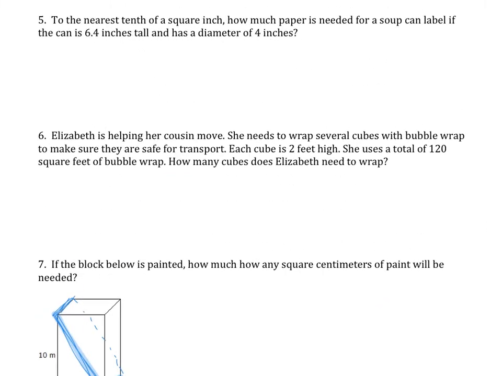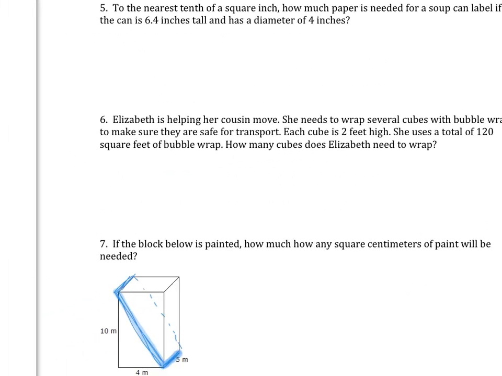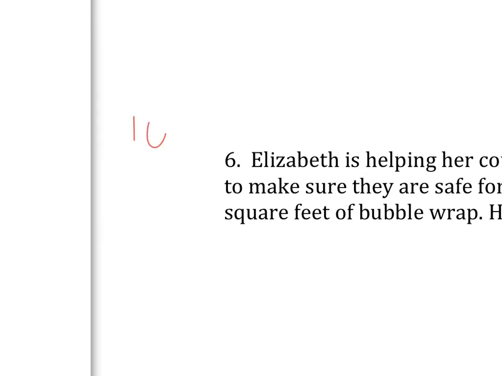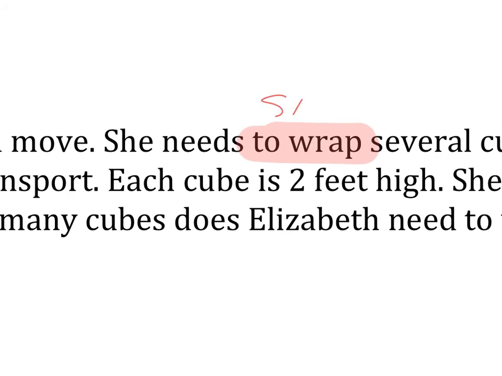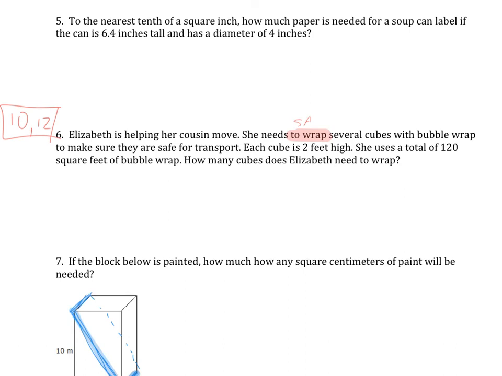I wanted to talk also about number 6, because some of you are missing 10 and 12. Remember, we did number 6 in class. So again, for those of you not paying attention, or those of you who were absent, you'll remember here we are wrapping several cubes. Wrapping means surface area, okay? And the fact that it's a cube means a couple of things. Yeah, I know it's 2 feet high, but think about what a cube is.